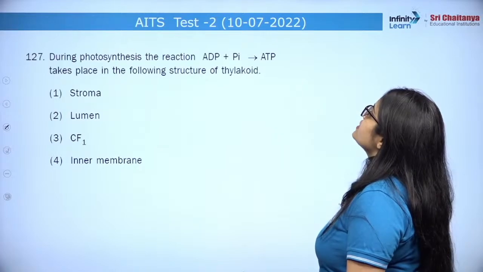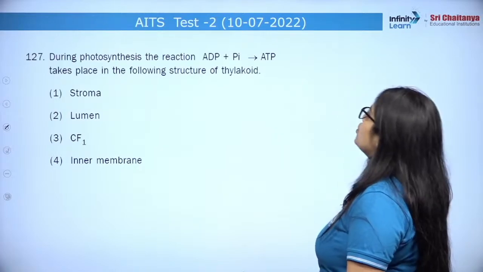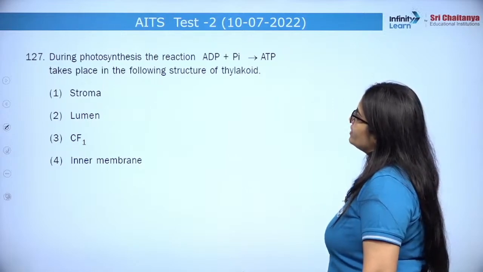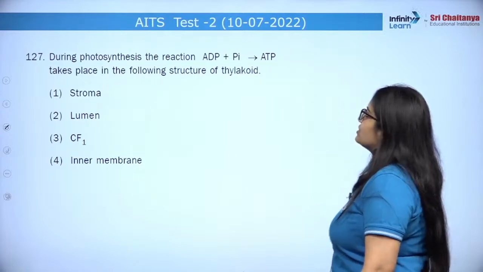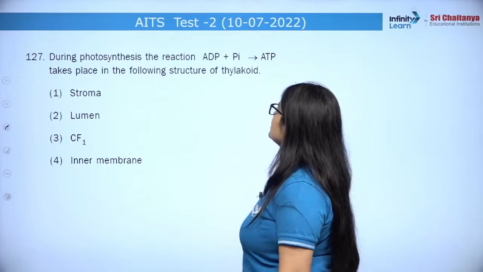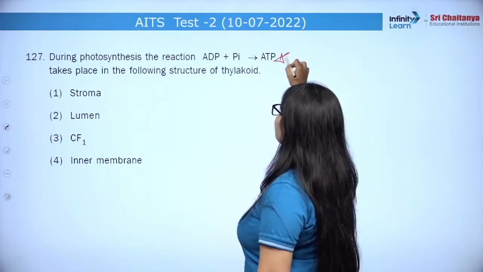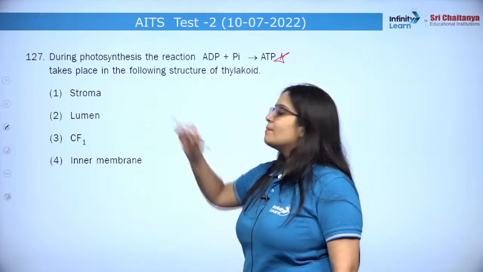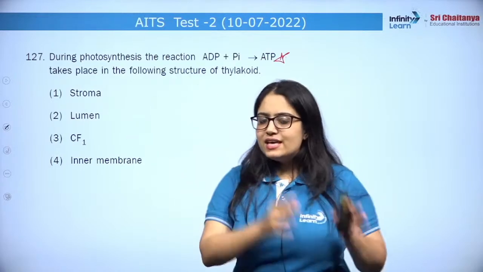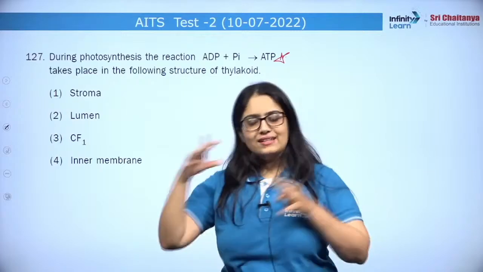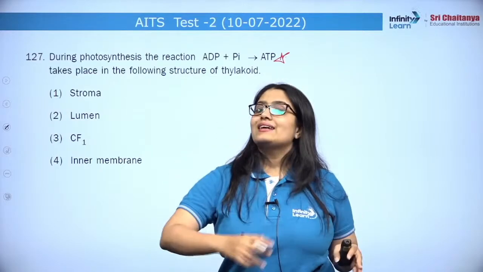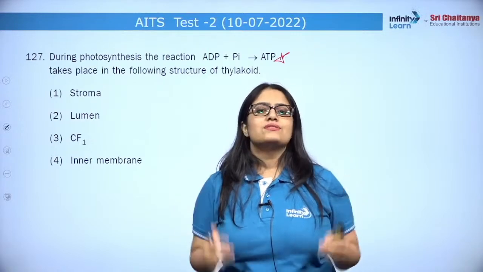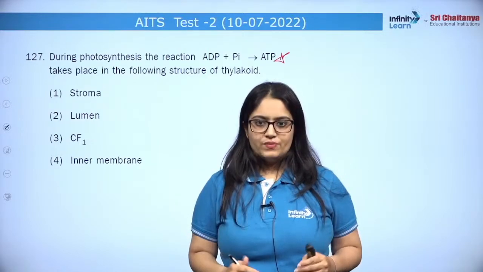During photosynthesis, the reaction ADP plus inorganic phosphate forming ATP takes place in the following structure of thylakoid. So, this chemiosmosis, my dear students, this formation of ATP is actually taking place in the CF1 particle. So remember there are CF particles, CF0 and CF1, collectively present in the thylakoid membrane.